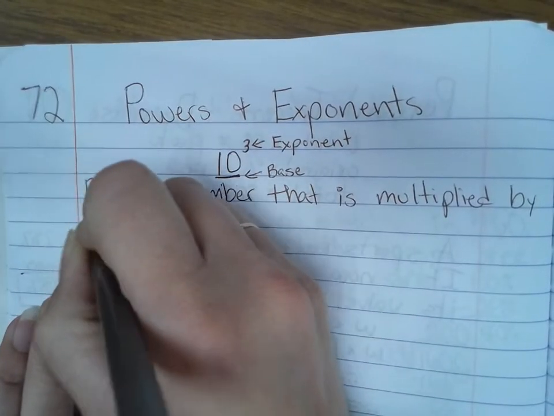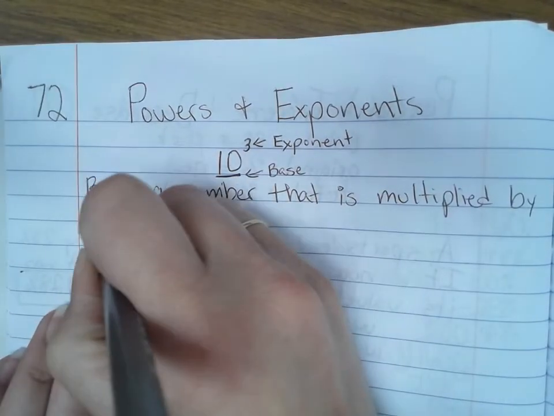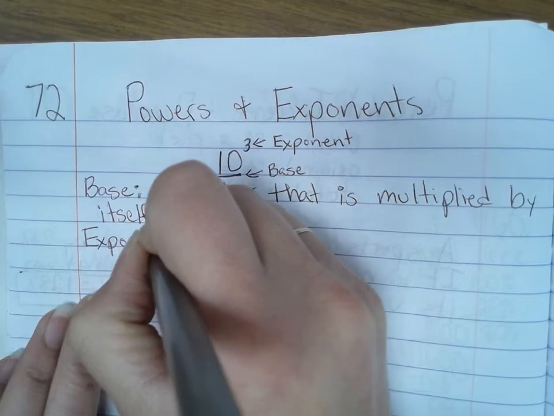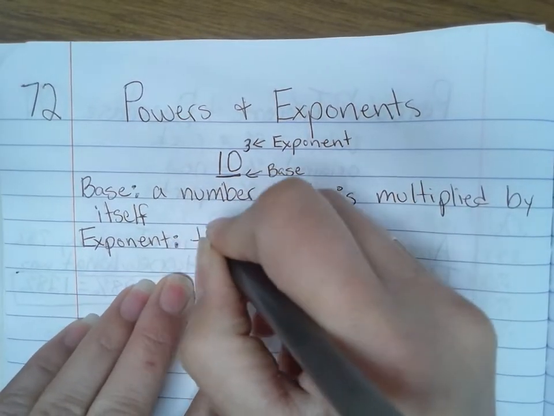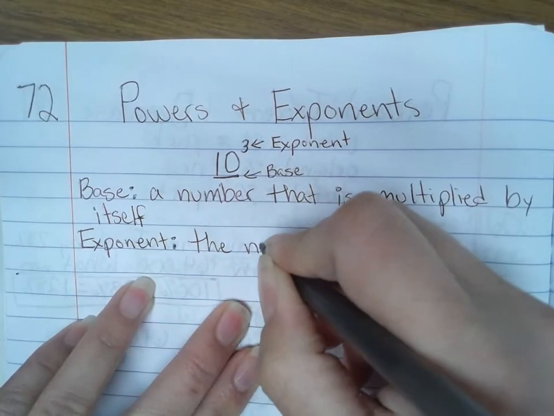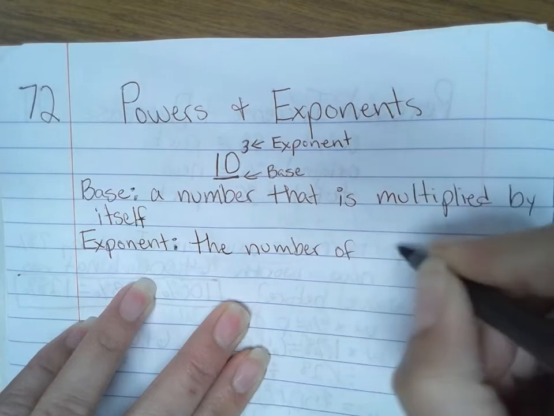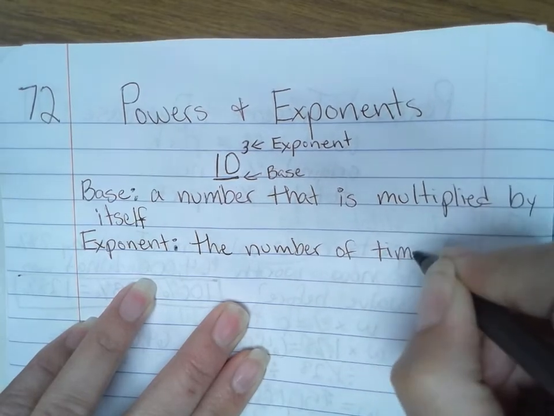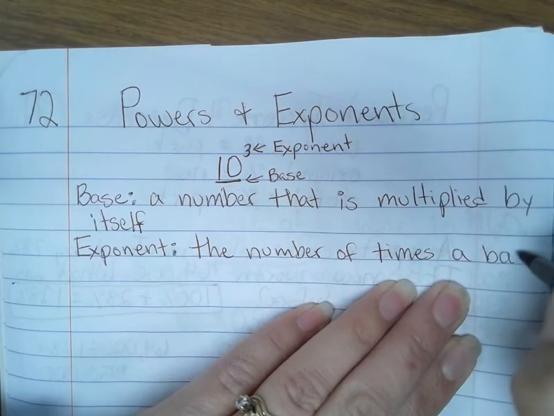Okay, the exponent is how many times we multiply the base by itself. The number of times a base is multiplied by itself.